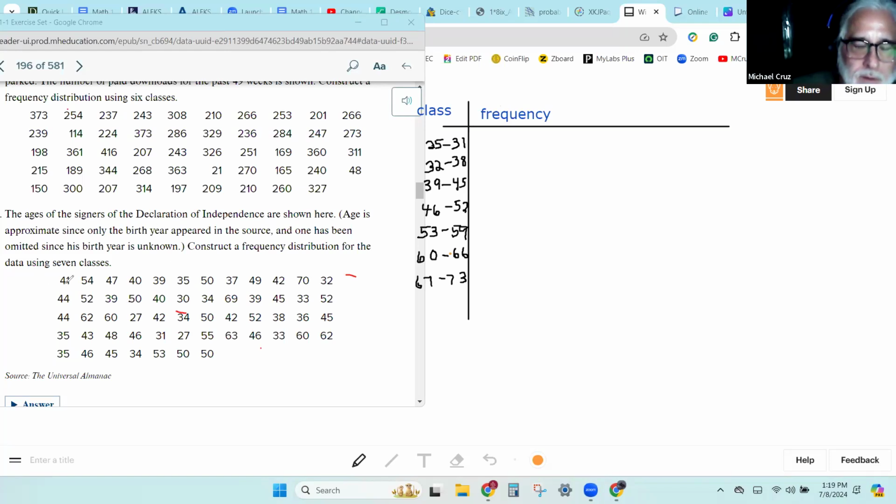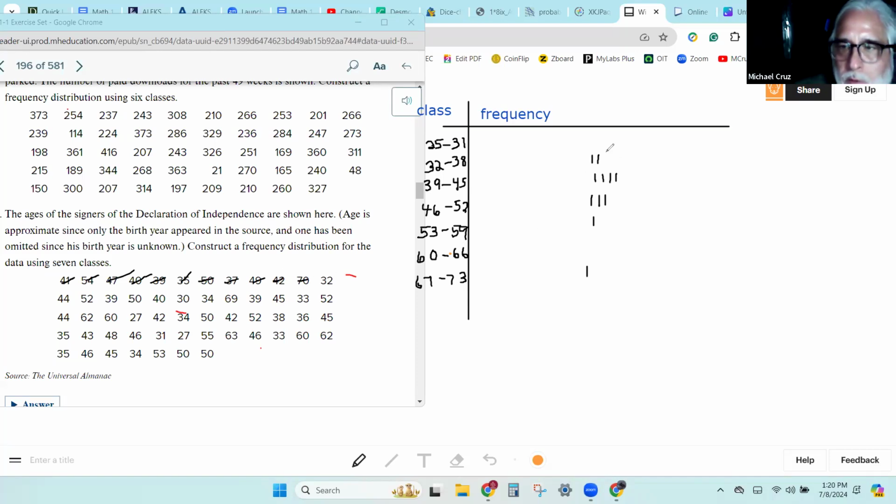So let's just go ahead. 41 would go here. 54 here. 47 in there. 40 would go right there. 35 would go right there. 35. 50. 37. 70.